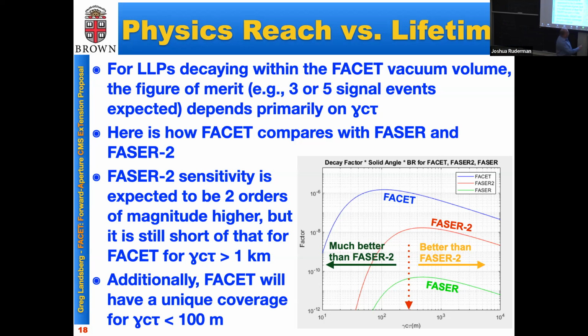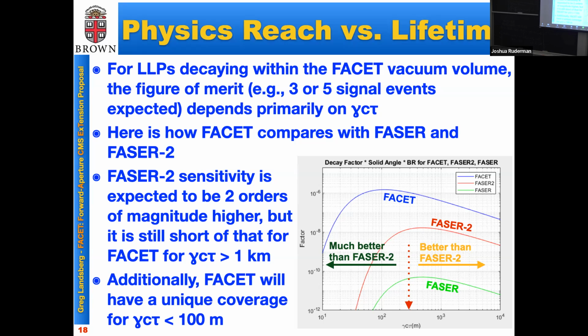This is how FASER looks. Expectedly, it peaks at about 300 meters because it's about 500 meters away from the collision point. FASER 2 peaks at about the same position, but it is a couple of orders of magnitude better just because of the size. This is how the figure of merit looks for FACET.